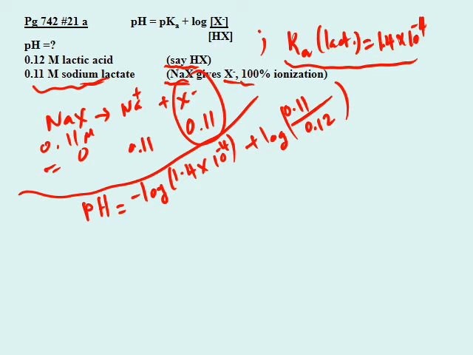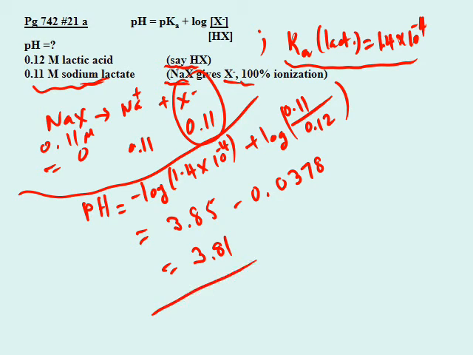So now I got the setup, and that gives me 3.85 minus 0.0378, and that gives me 3.81. So the pH of this buffer solution is 3.81.